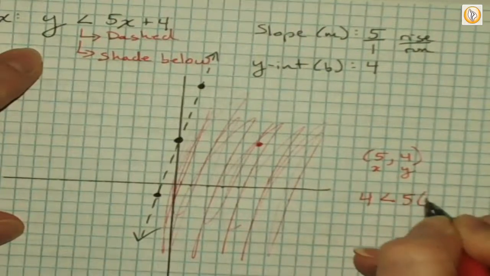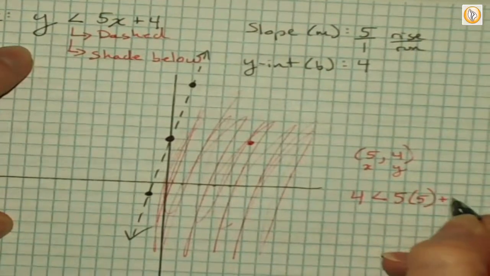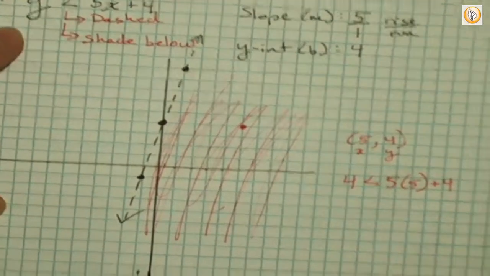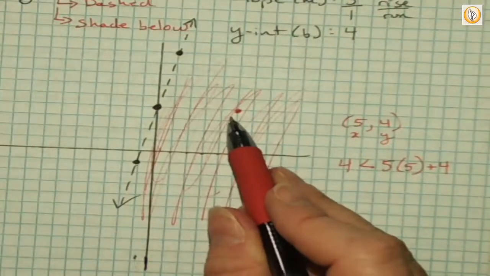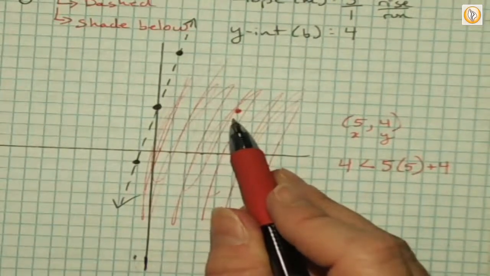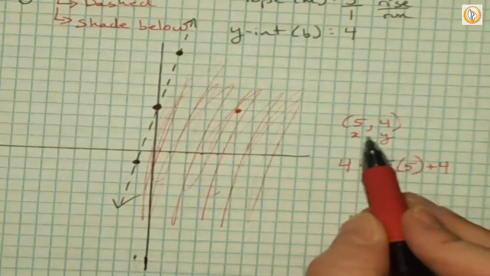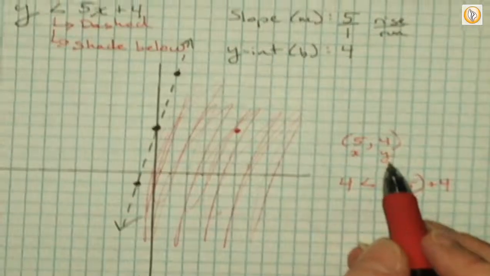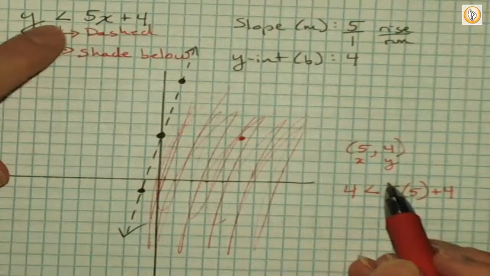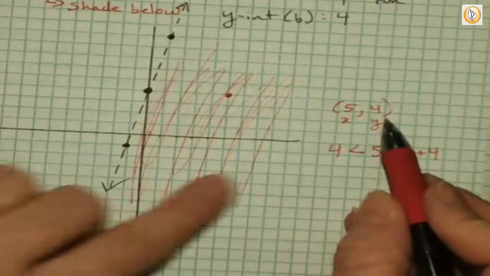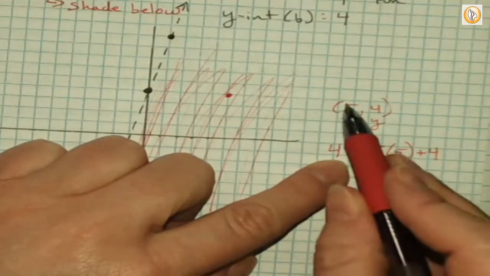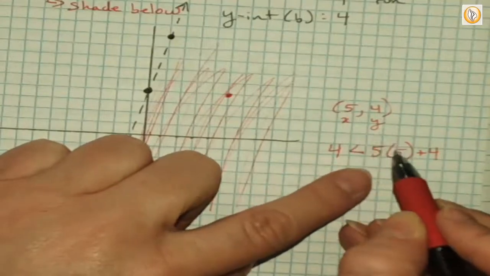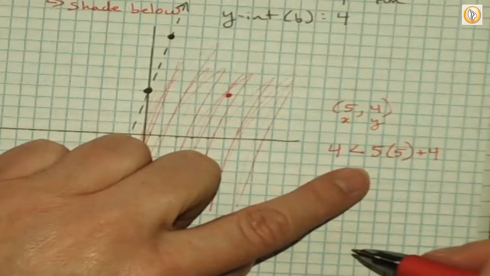So we're substituting. Does everyone see that? Yes. Okay, so I picked a random spot in the shaded area and wrote down the ordered pair. That's my x, that's my y. I took my original equation and substituted the 4 in the y spot and the 5 in the x spot. Does everyone see that?